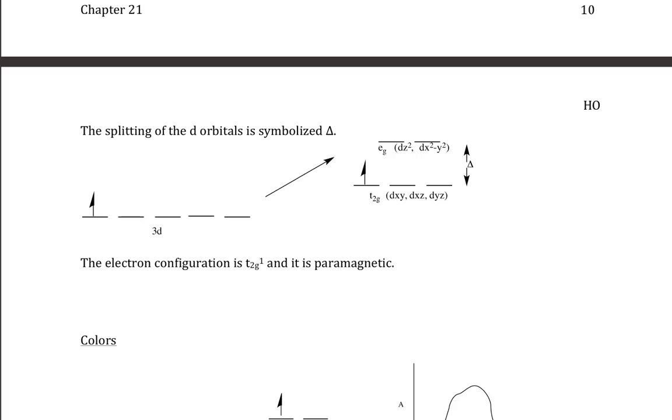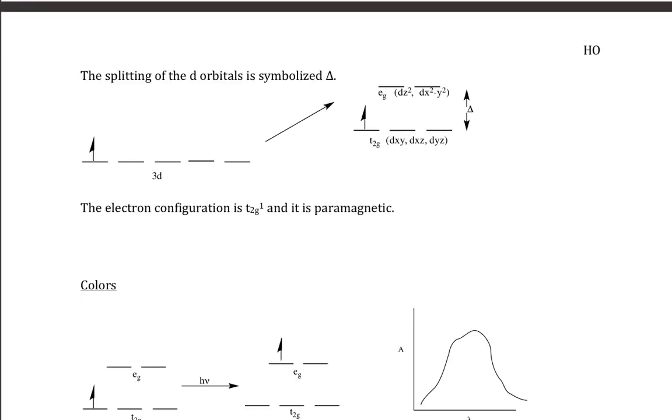This energy splitting is symbolized delta, and we have the electron going into one of the lower energy atomic orbitals. It's in one of the t2g orbitals. So the electron configuration, we would say, is t2g1, and it is paramagnetic because it has one unpaired electron.